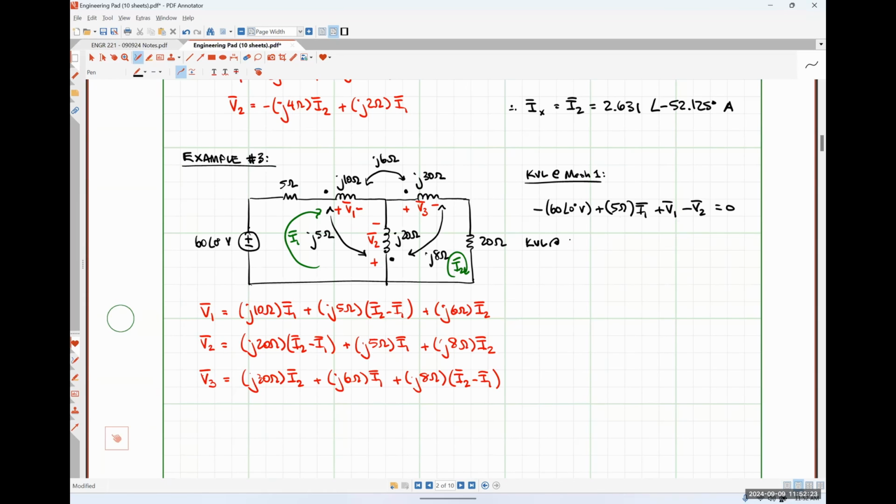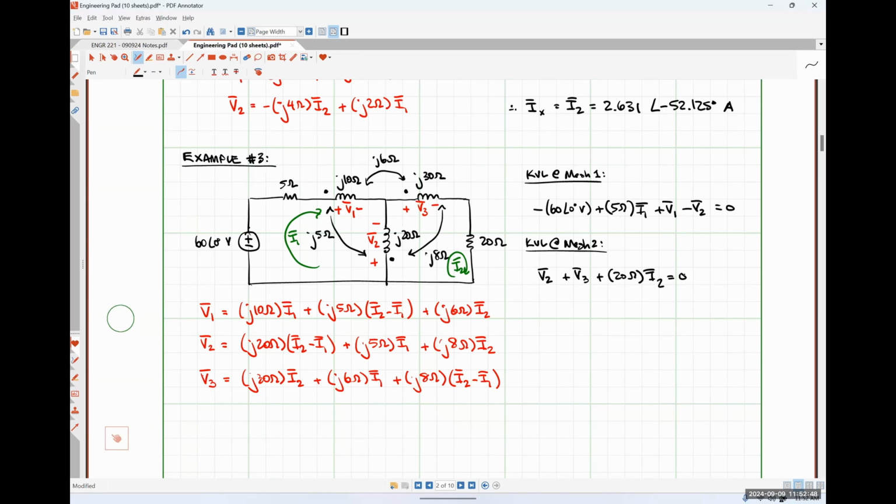Oops, I missed a term there, my bad. KVL at mesh 2 is going to look like positive V2 plus V3 plus 20 ohms times I2 is equal to 0.